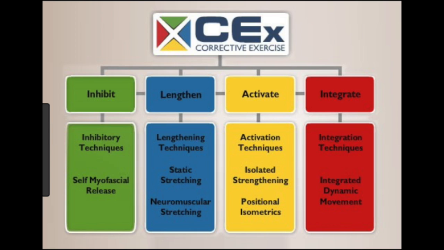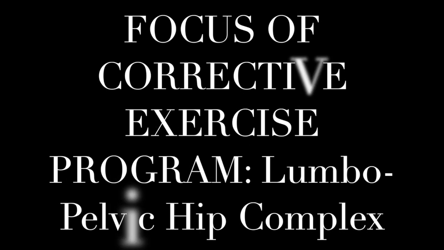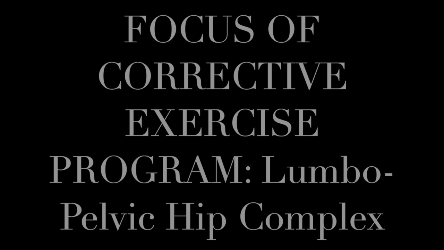The activation phase, which includes isolated strengthening and positional isometrics, as well as the integration phase, which includes integrated dynamic movements for holistic. Although the shoulder shows much potential for a corrective exercise program, we are going to focus on the lumbopelvic hip complex for our specific corrective exercise program.